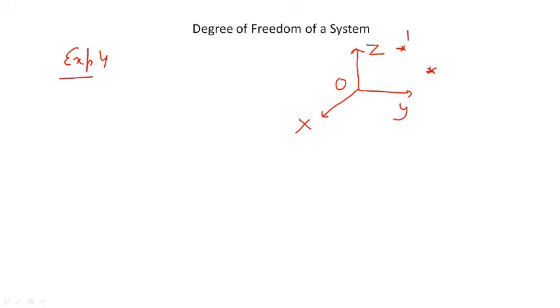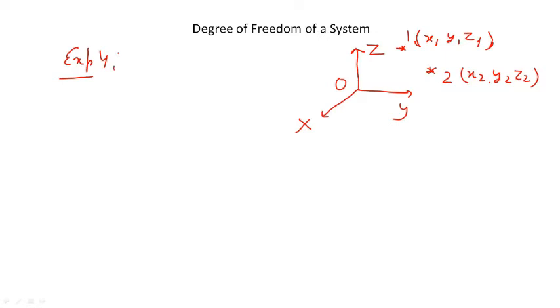This is object number 1 and this is object number 2. Object number 1 will have the Cartesian coordinates, let us say x1, y1, z1, and object 2 will have the Cartesian coordinates x2, y2, and z2.